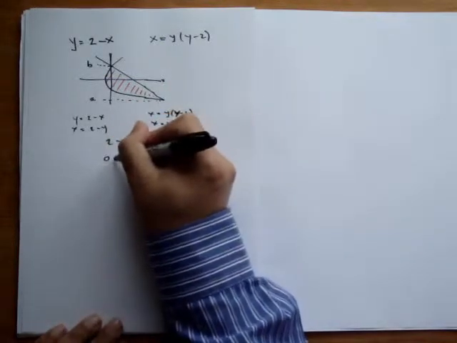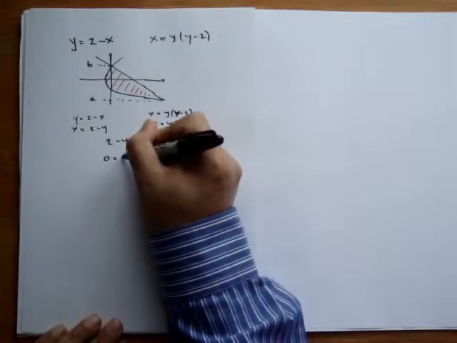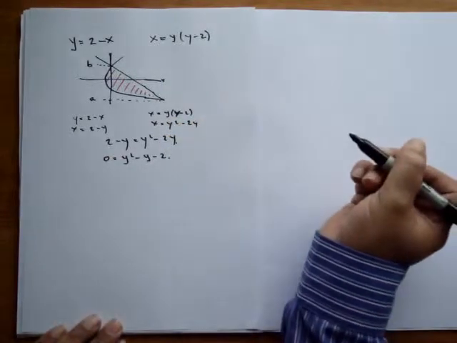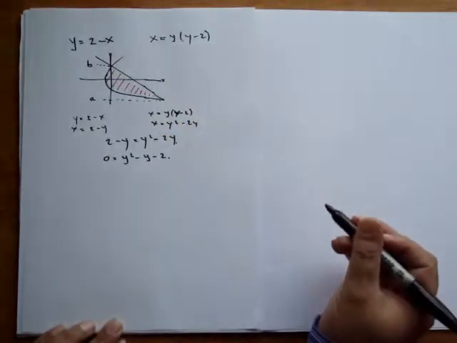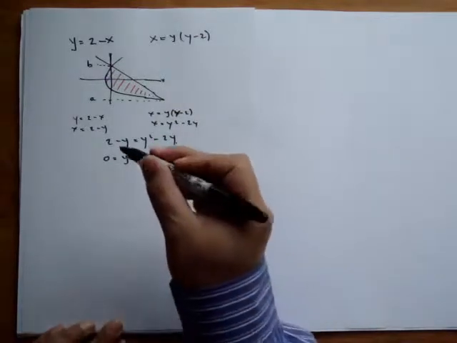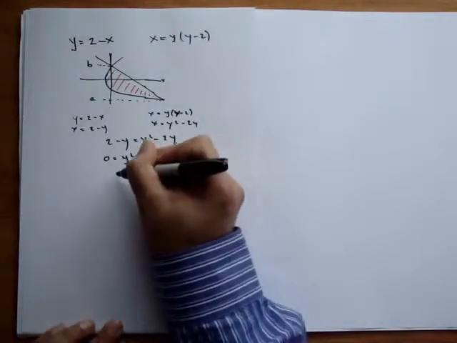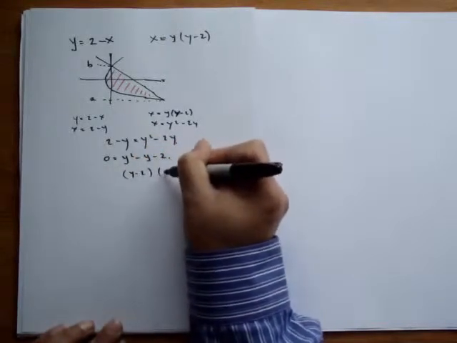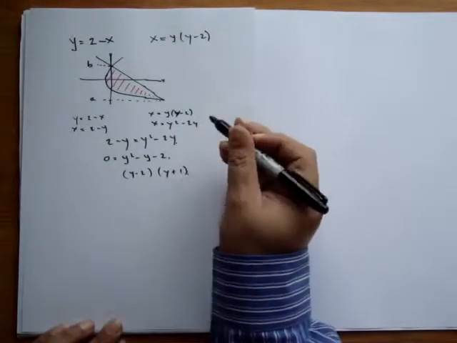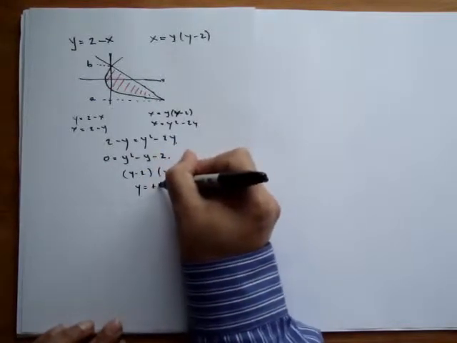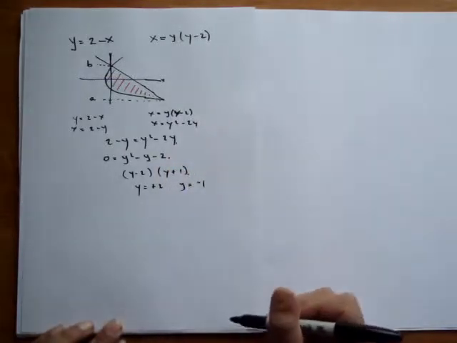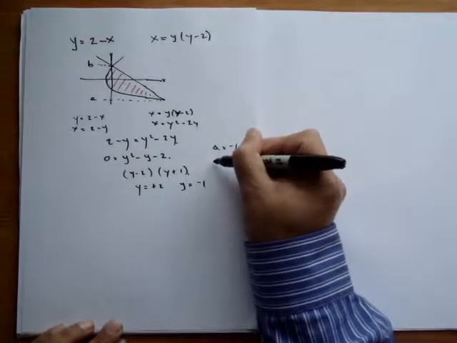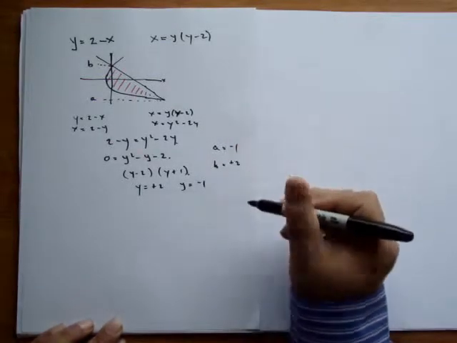So if we bring it all to one side, 0 equals y squared minus y minus 2. This is a quadratic, and when we solve that we get 0 equals (y minus 2)(y plus 1). So y equals plus 2, y equals minus 1. So our a equals minus 1 and our b equals plus 2.